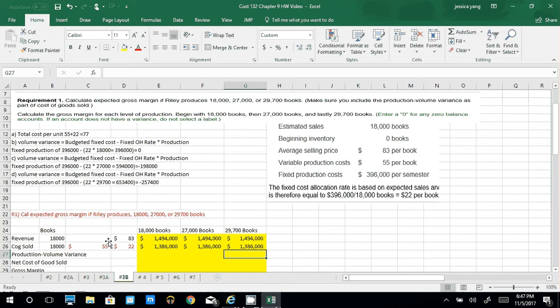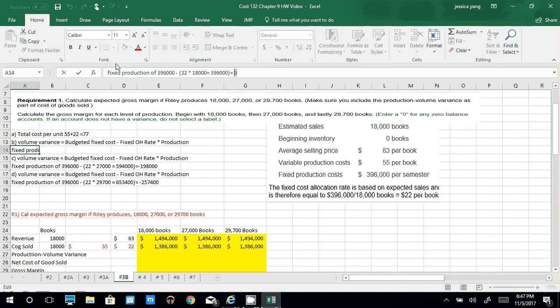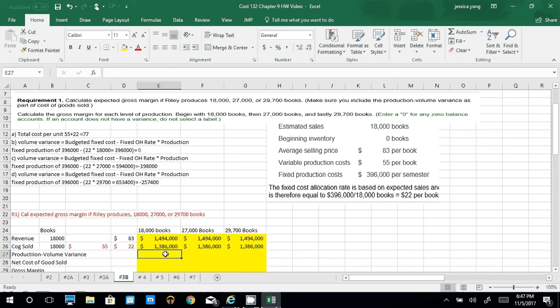Now for the production volume variances, we have already said that under the 18,000 books there is no variance, which we calculated earlier. We mark that in red so we know there's no variance, and under the production volume variances we put 0.